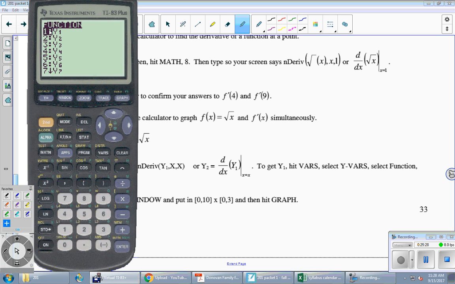The function is currently living in Y1, so I just hit enter right there. That's going to say take the derivative of whatever was in Y1. It's kind of wonky, you always put a comma x, and then a comma and the number, but I don't want it to do just one number, I want it to graph all numbers, so I put in x again as my way of saying, hey calculator, do all of the numbers.